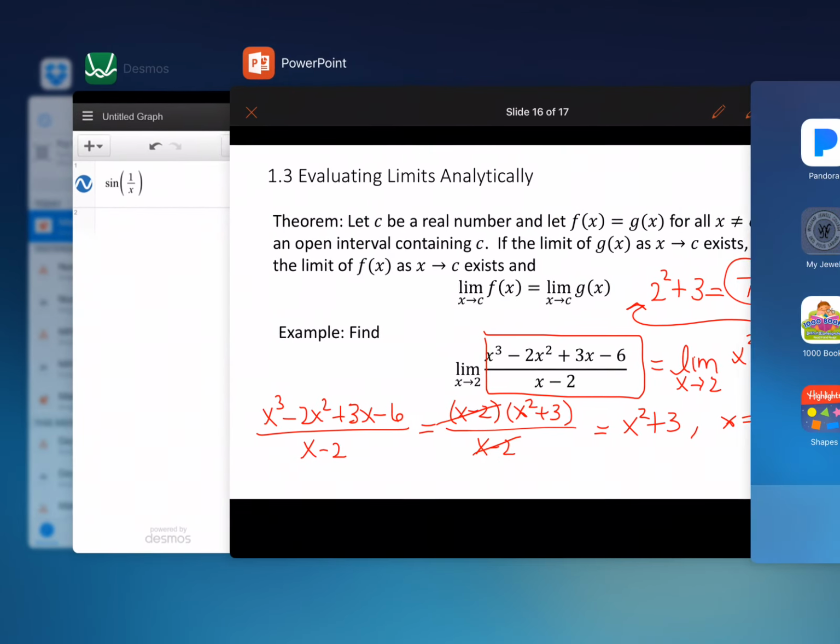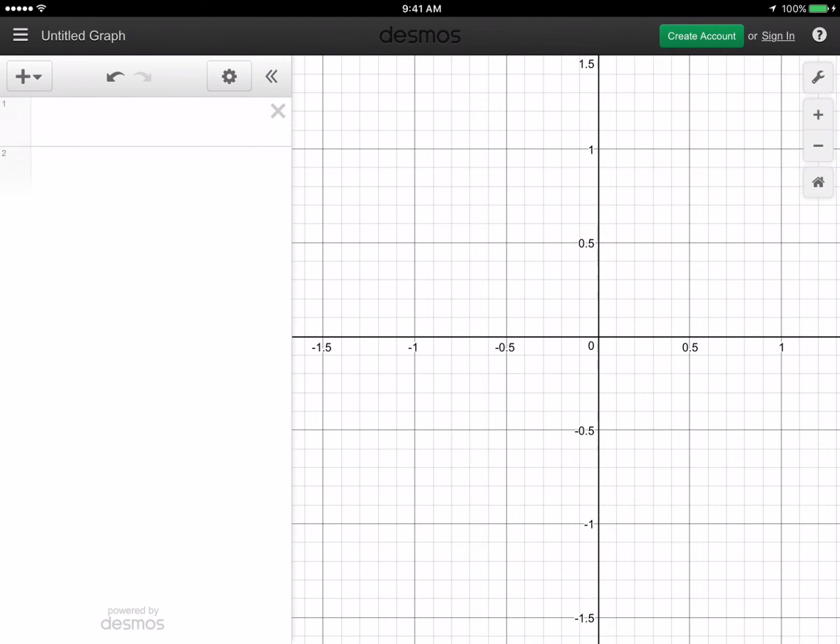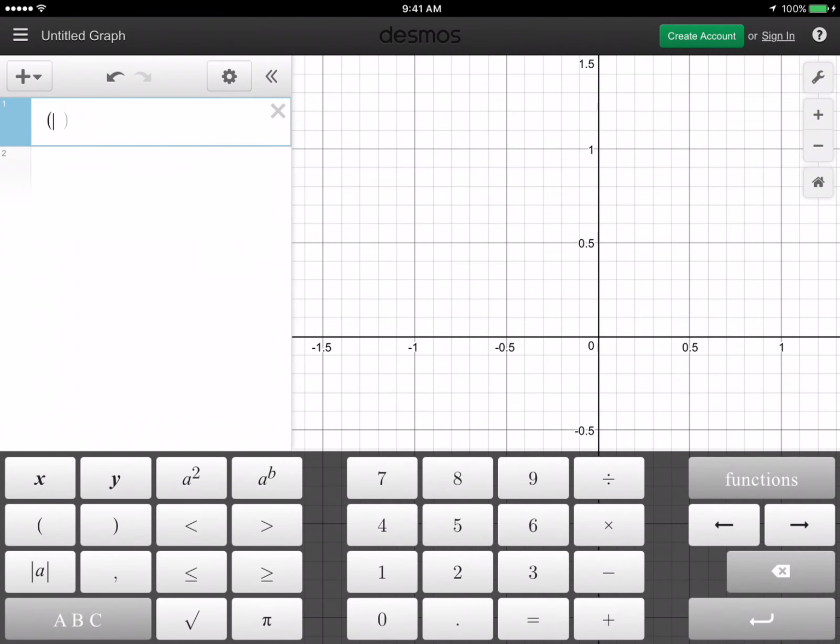Let me just show you the graphs real quick. Let's see. We had x cubed minus 2x squared plus 3x minus 6, all over x minus 2.